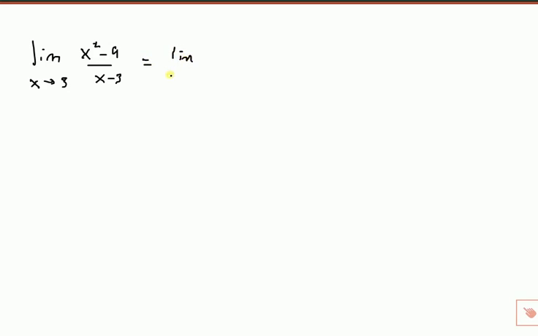This is equal to the limit as x approaches 3. And then let's factor the top. That factors into x plus 3 times x minus 3 divided by x minus 3. So now we look at this.